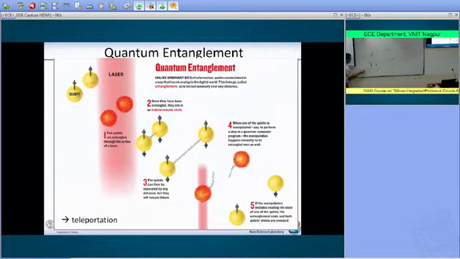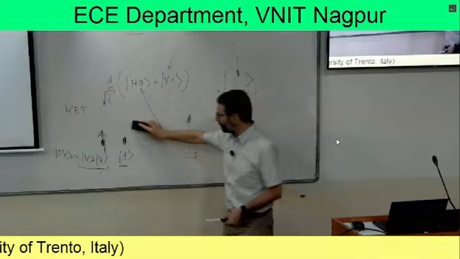A shortcut notation is to say that now I have this state where I have photon 0 in the vertical polarization state, and here I have photon 1 in the vertical polarization state. So what does it mean? It means that now I have two photons.